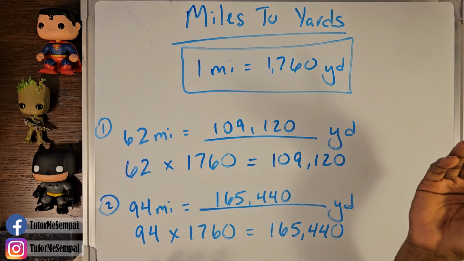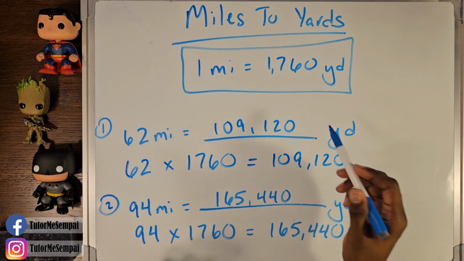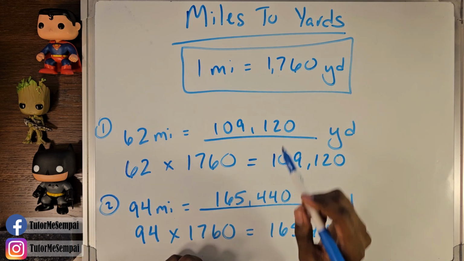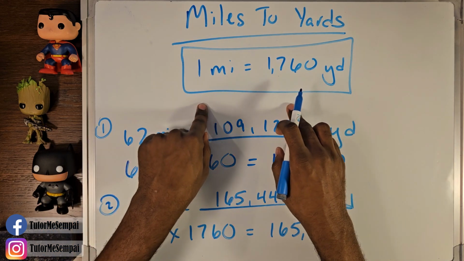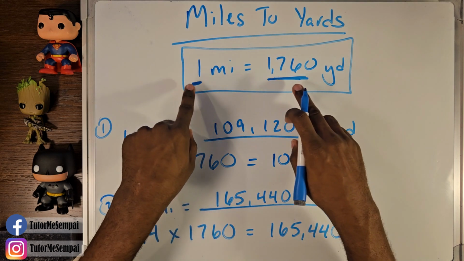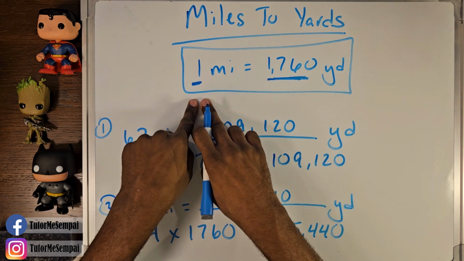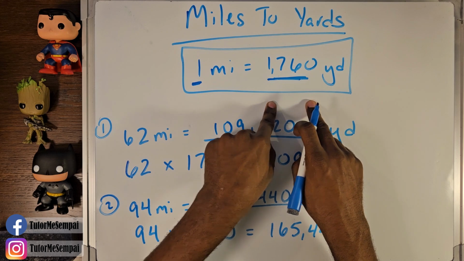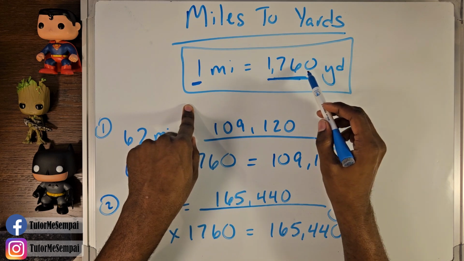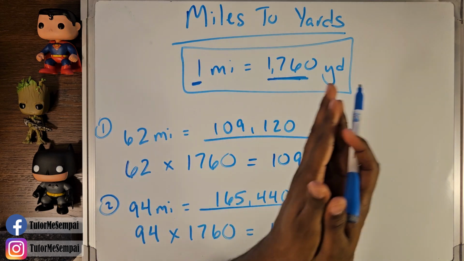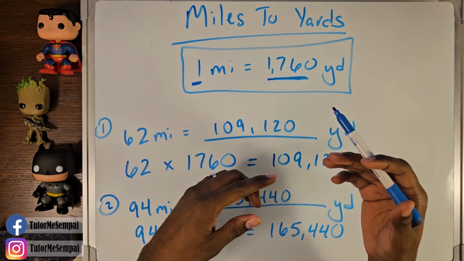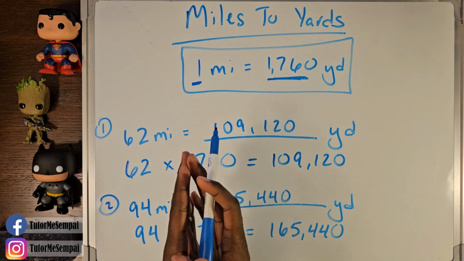However, if you're going from yards to miles, you want to take your total amount of yards you have and divide it by the same 1,760. And if you look at your basic unit conversion, this should give you a hint so you remember what to do in which situation. Check out the numbers attached to your units. Here you have a 1, here you have a 1,760. Which number is bigger? Your 1,760. So whenever you're going from miles to yards, you're going to go from a smaller number to a bigger number. And do you think of multiplication or division when you're trying to grow?